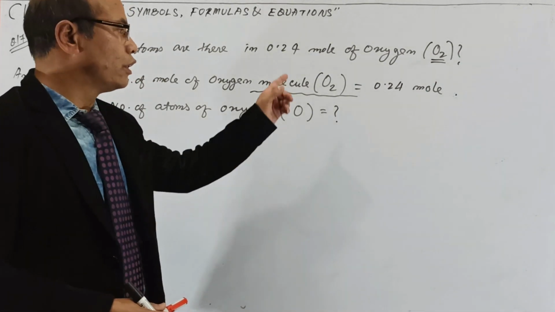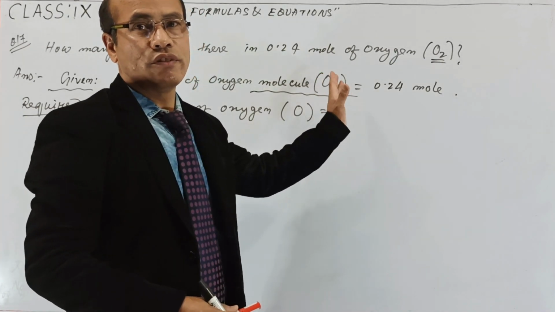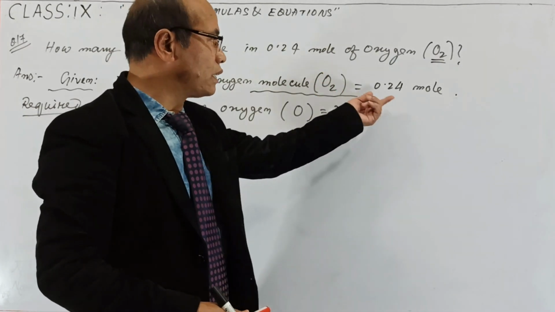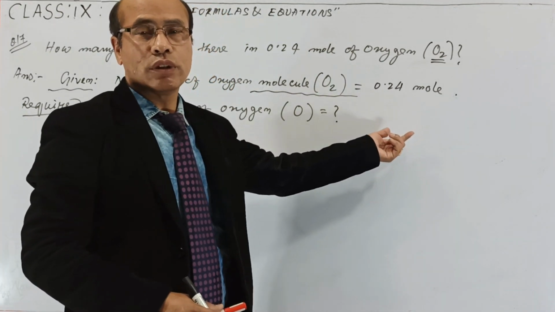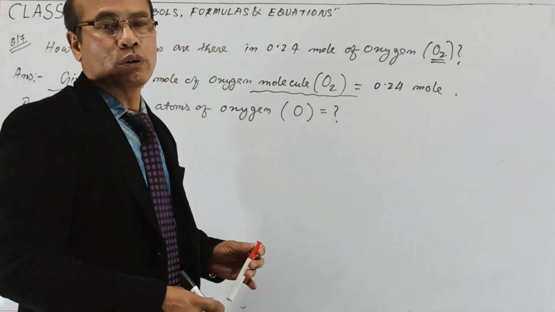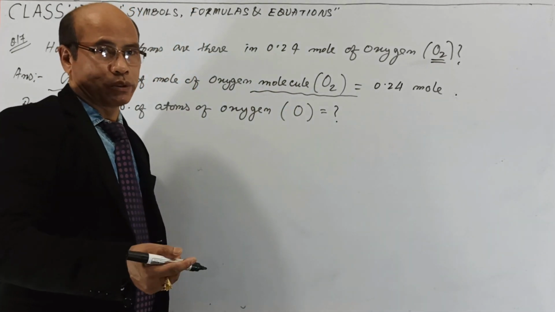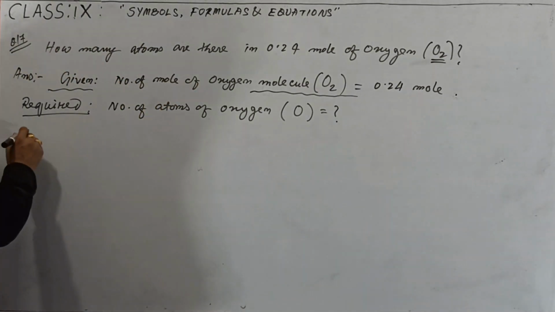It's very simple. You know, in one molecule of oxygen, there are 2 atoms. So if you find out total number of oxygen molecules present in this much mole of oxygen molecule, then to change it into number of atoms, you have to multiply by 2. Because one molecule of oxygen is made by 2 atoms of oxygen. So let us apply mole concept.